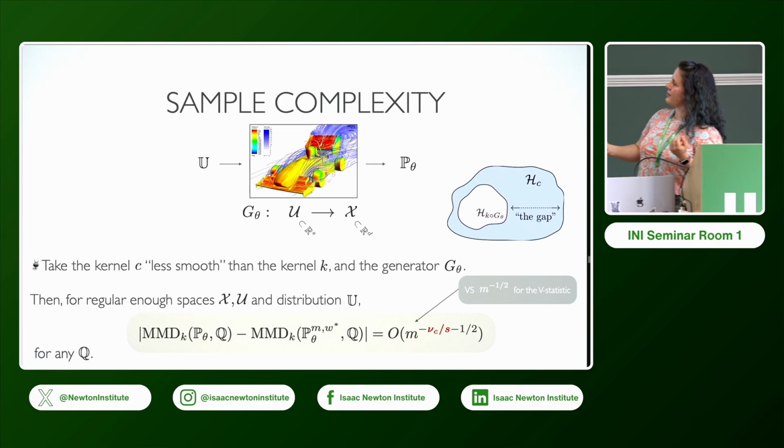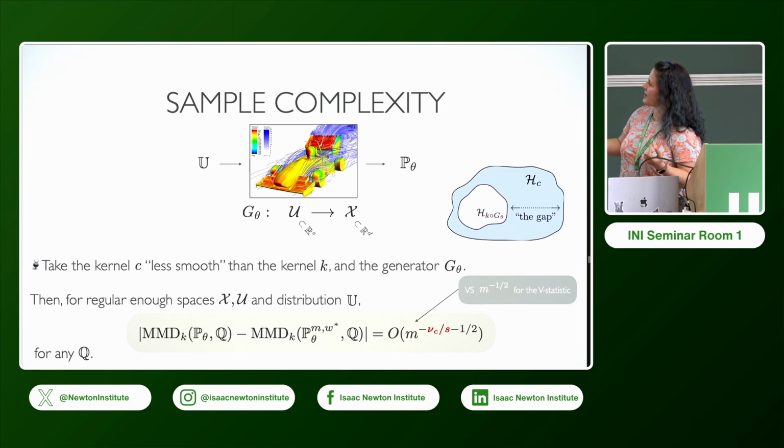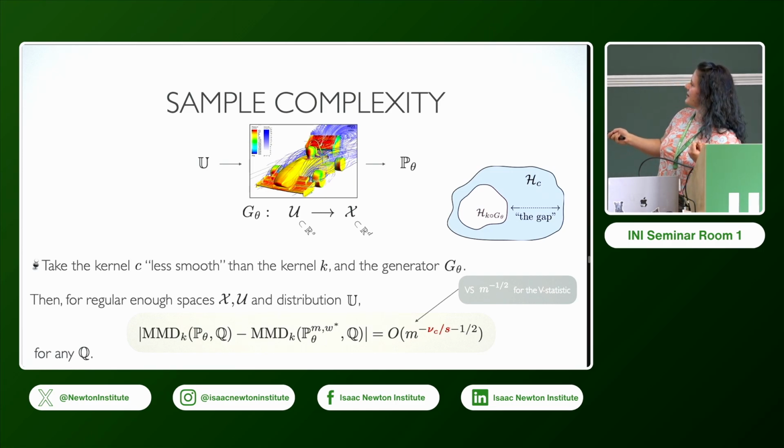And for regular enough input space U, output space X, and distribution U, the error between the true MMD and the approximation based on these optimal weights, w star, is bounded as this term, where nu C is the smoothness of the newly introduced kernel.